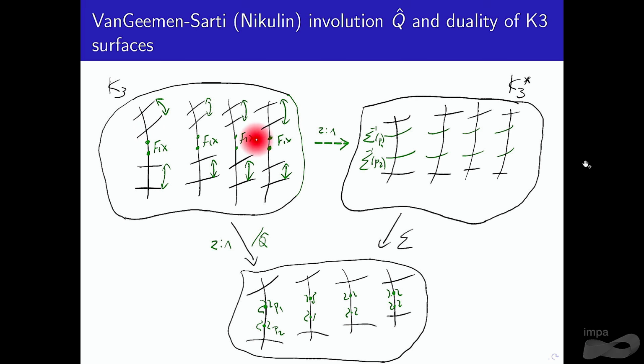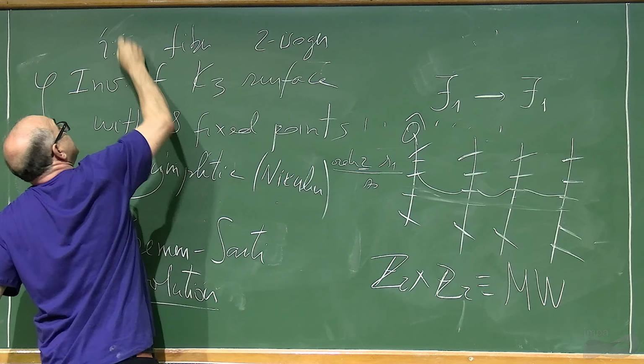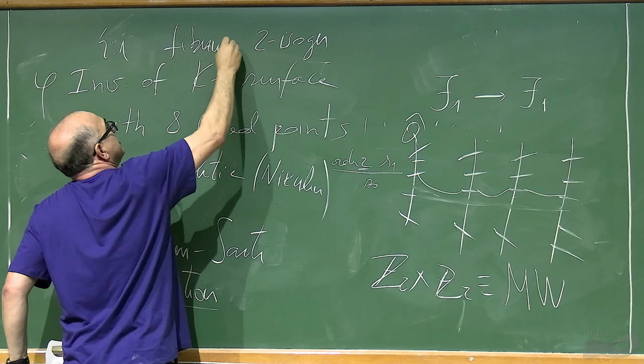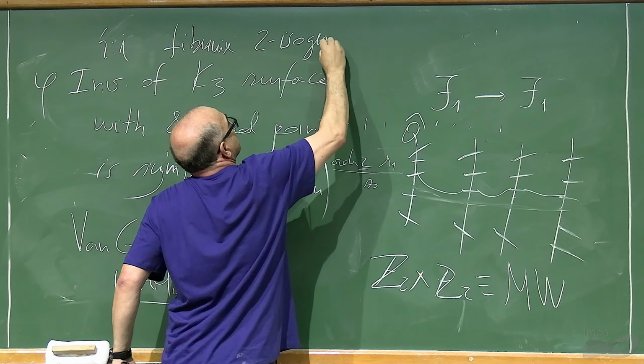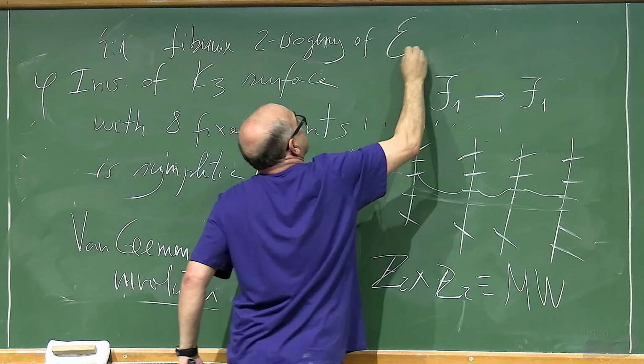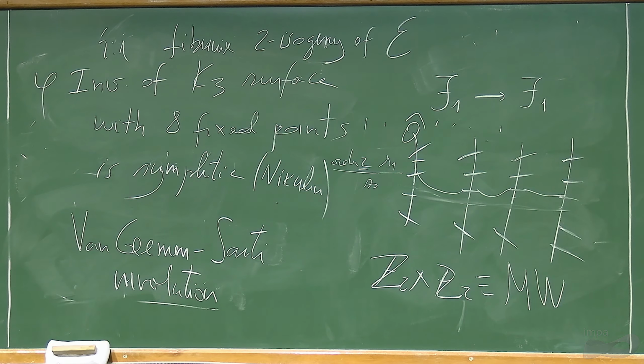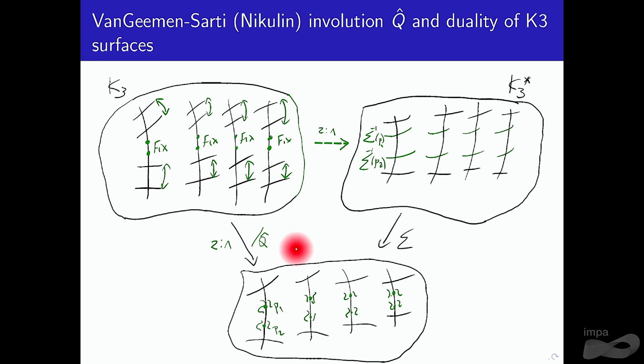And this map produces what the physicists, Malmendier, Clingher, and others in string theory call a duality of K3 fibered surfaces. And the map is a 2-isogeny. The 2-to-1 map that you see there is a fiber-wise 2-isogeny of the elliptic curve. This is an endomorphism of the elliptic curve, but between isomorphic curves.